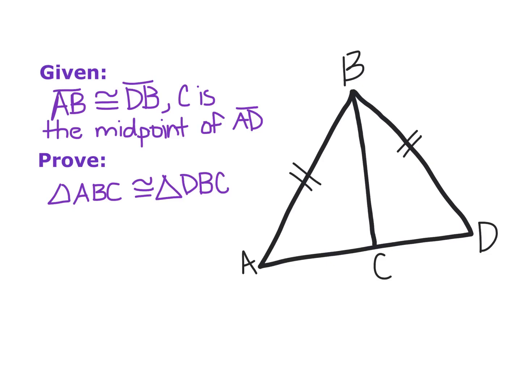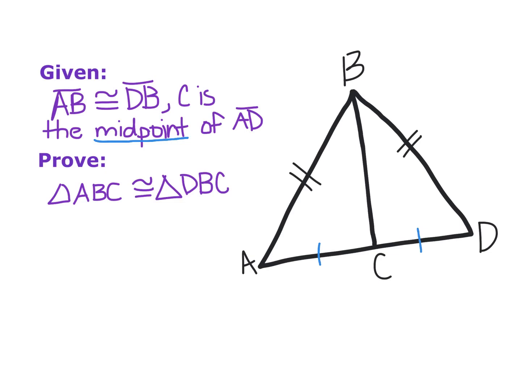So here I have two triangles, and let's look at the information that is given to me. I know that line segment AB is congruent to line segment DB. That information is given. And then I also know that C is the midpoint of line segment AD. What it means to be a midpoint is that I'm cutting this line in half.